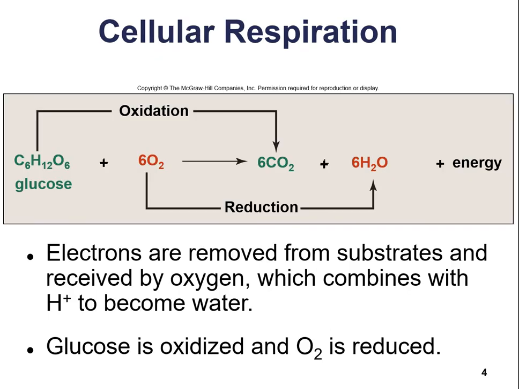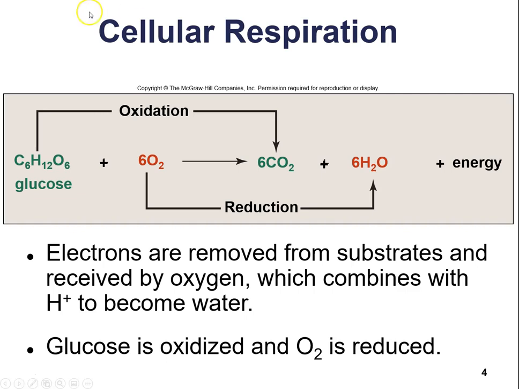All right. So this is the main general equation for cellular respiration. I think I pointed this out in chapter 6 when we were talking about oxidation and reduction reactions, because I told you that in photosynthesis and cellular respiration, we're going to talk about oxidation and reduction again.